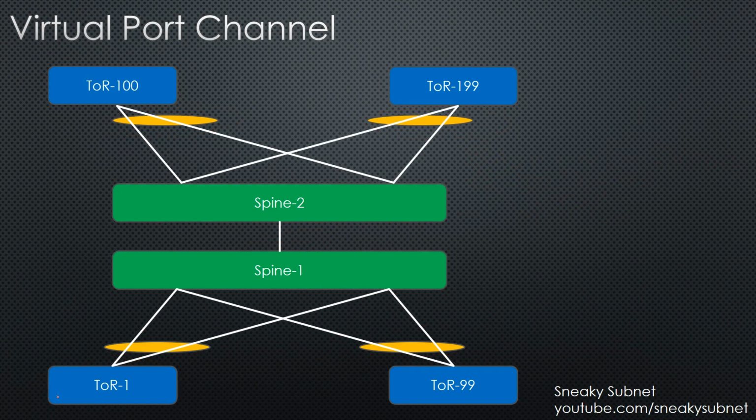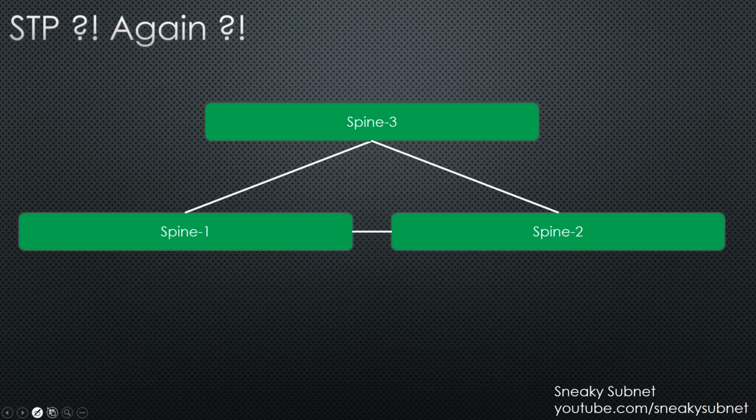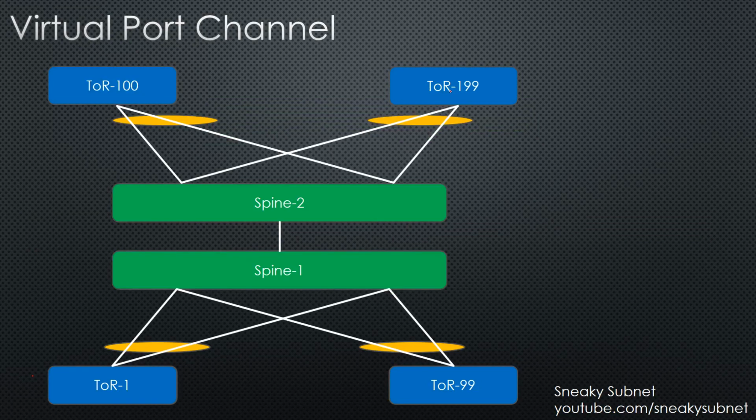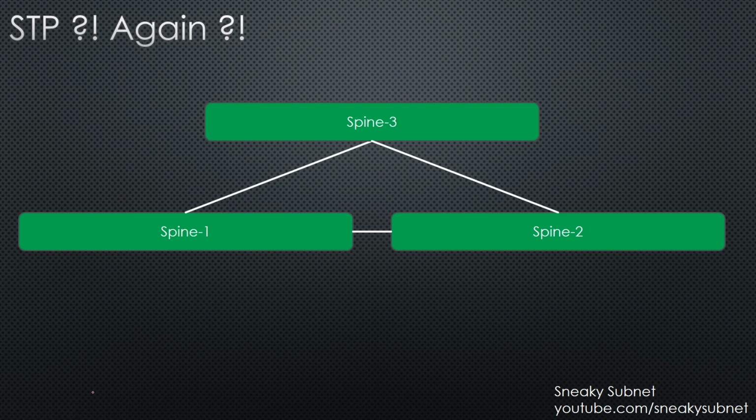But we still may have problems. What if we run out of switches here and we need to add top of rack switch 200? We will place one more VPC pair, which will be really spine number 1, 2, 3, 4, 5 and spine number 6.